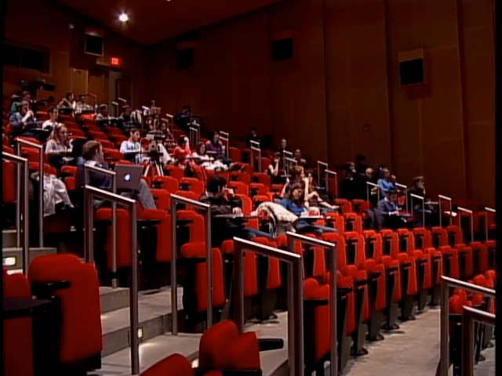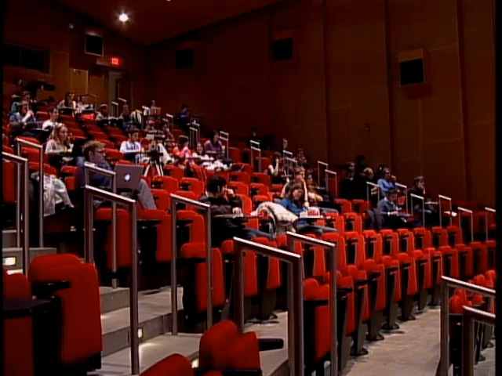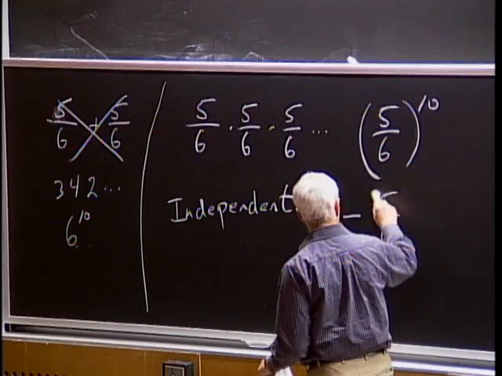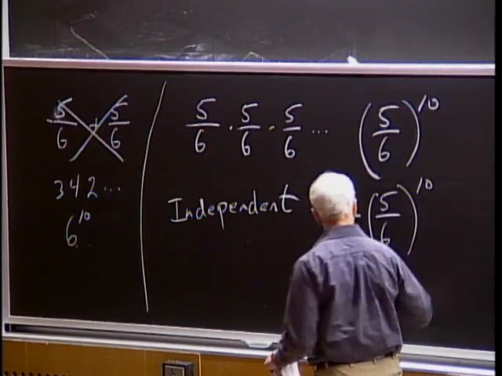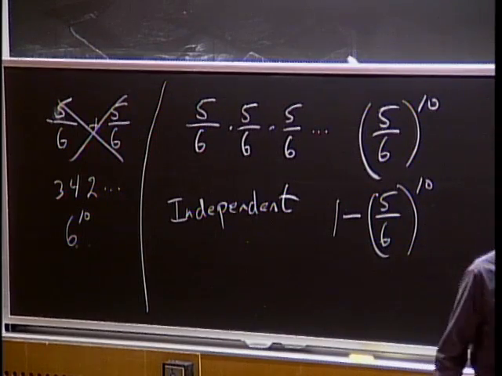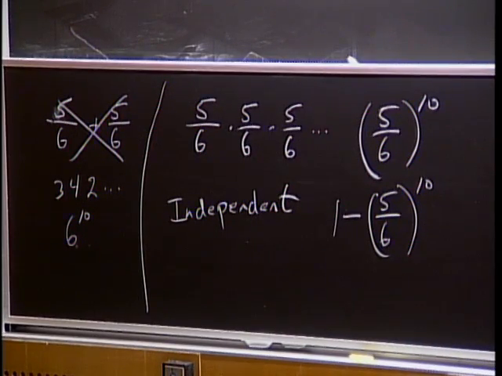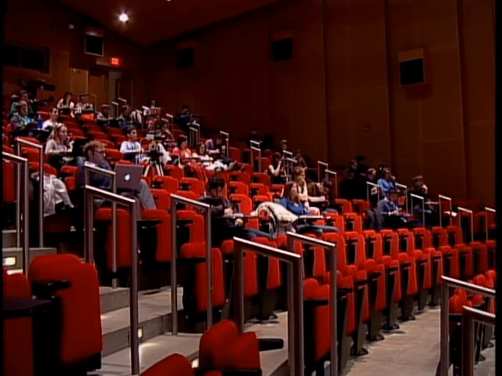Not having a 1? Exactly. Thank you. So that would be 1 minus. Because we know that the sum of all the possible things that we can do when we do a probability always has to be 1.